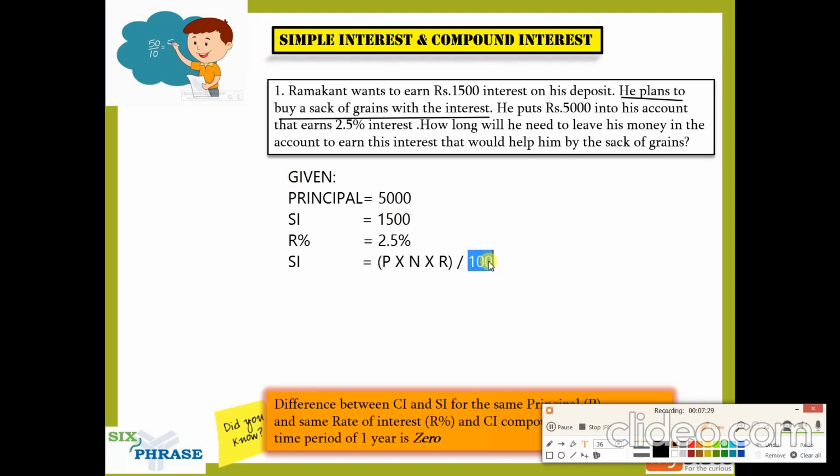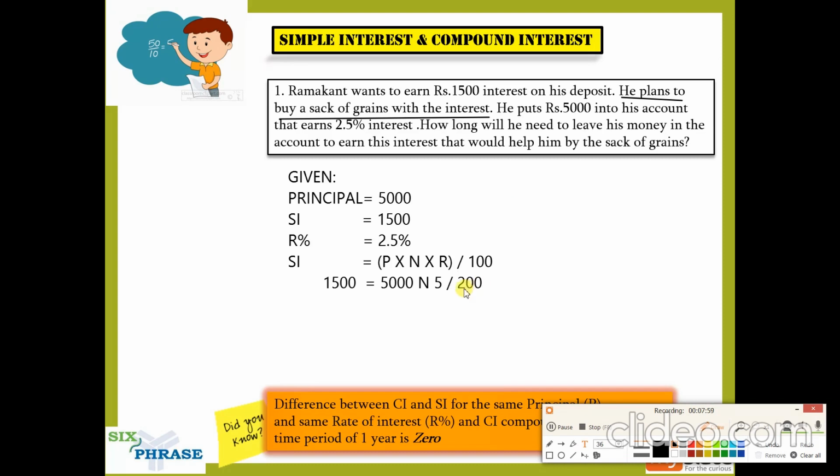So let us apply simple interest given as 1,500, which will be equal to 5,000 into N into R. R is 2.5 percentage, which I'm going to take as 5 by 2. Whenever you find decimals, convert them to fractions. It will be easy for you. You can just strike out the zeros, guys.